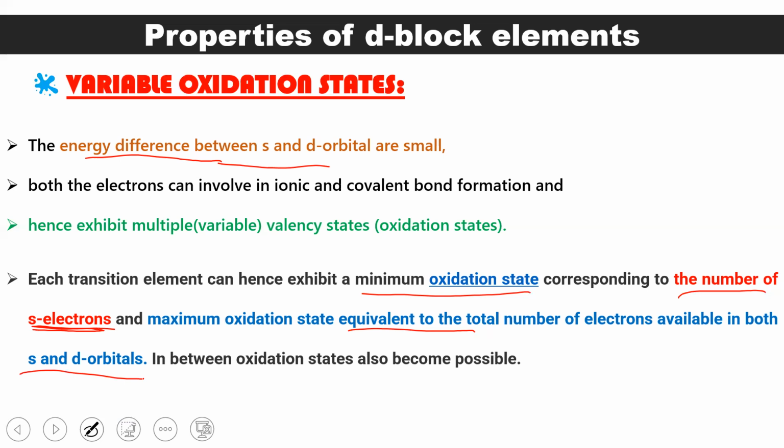If only the s orbital electrons are involved in the bond formation, then the element has the minimum oxidation state. When the d orbital electrons and also the s orbital electrons are involved in bond formation, in that situation they show the maximum oxidation state.